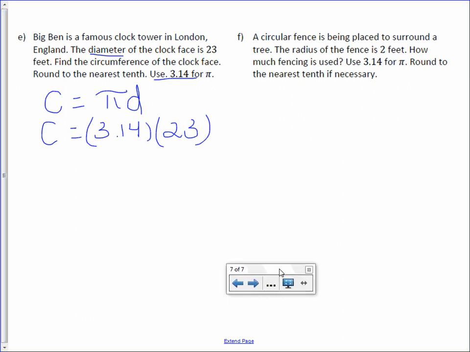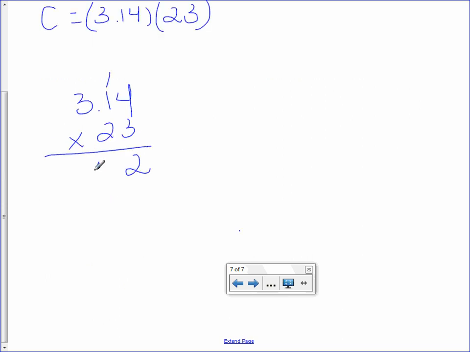So from here we just multiply, and when we're multiplying we don't need to line up decimals. 3 times 4 is 12, carry the 1. 3 times 1 is 3, plus 1 is 4. 3 times 3 is 9.